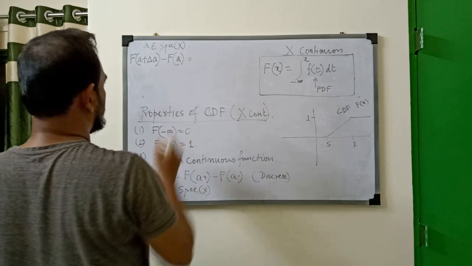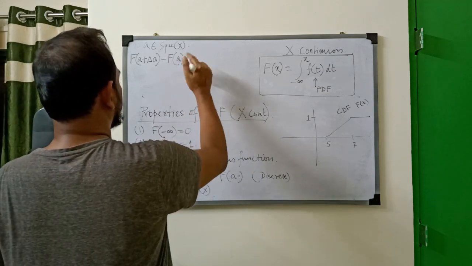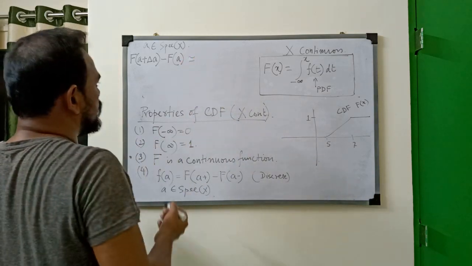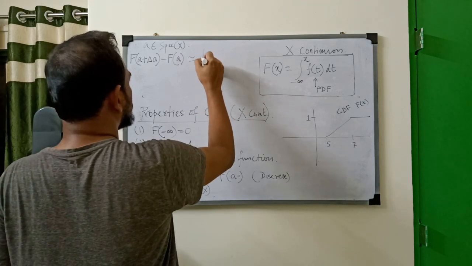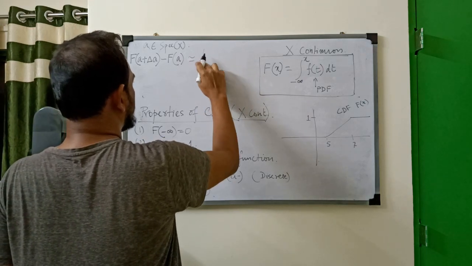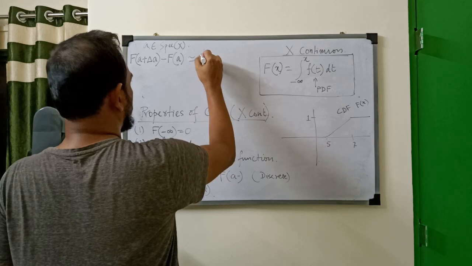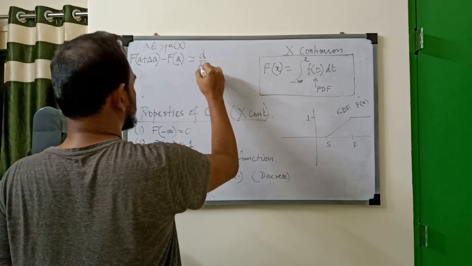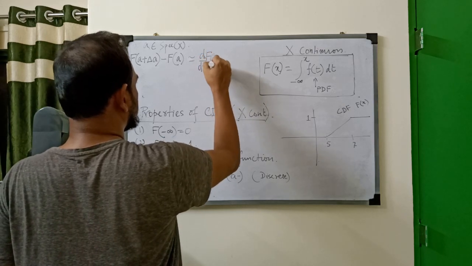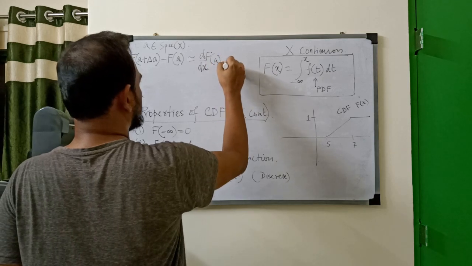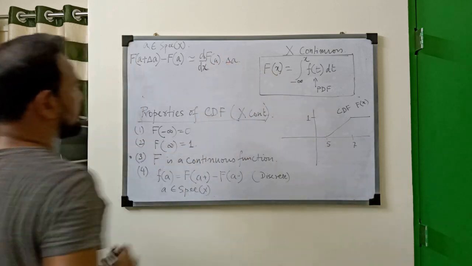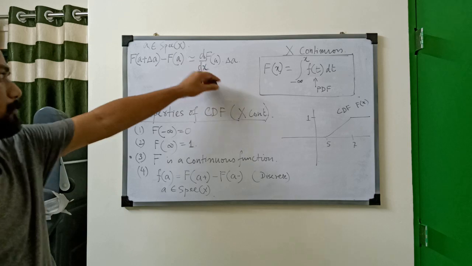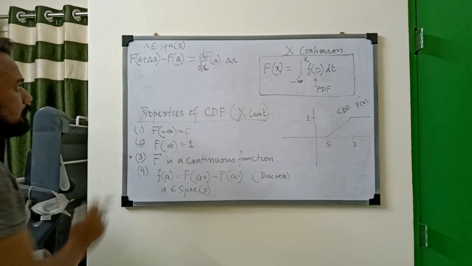Well, from a little bit of analysis, we know that this is almost equal to, up to order 1, the derivative of the function capital F at the point a multiplied by delta a. It's almost equal to, up to order 1 from Taylor's theorem.